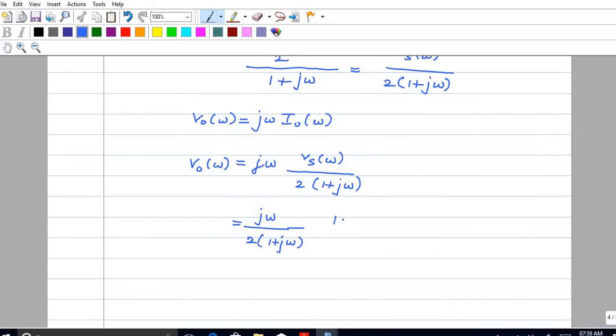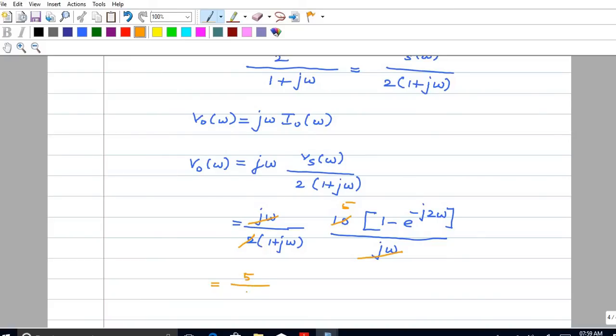Vs of omega is 10 into 1 minus e power minus j 2 omega divided by j omega. So j omega gets cancelled. 2, 10, it's 5. So let us multiply this 5 inside and 1 plus j omega also inside.